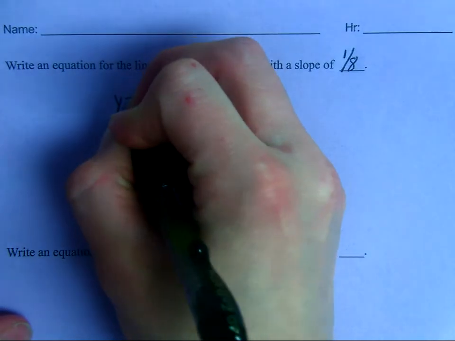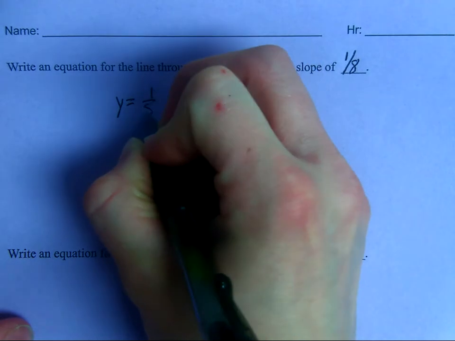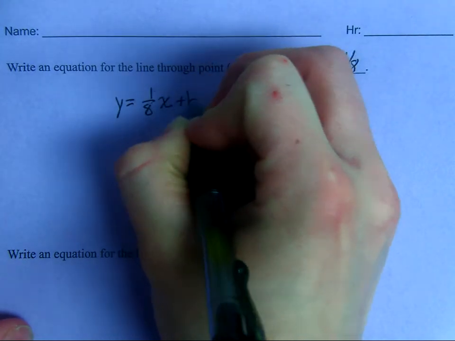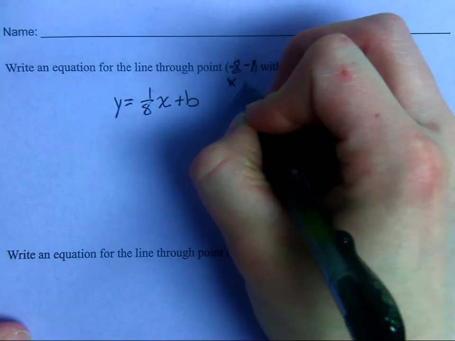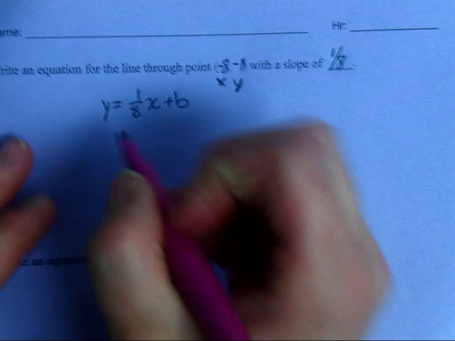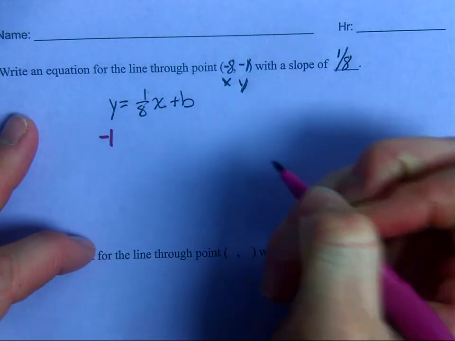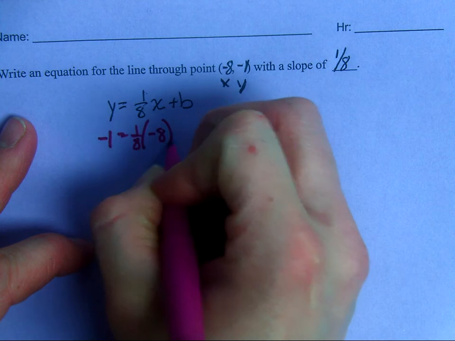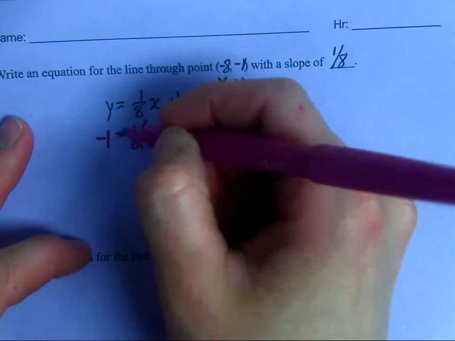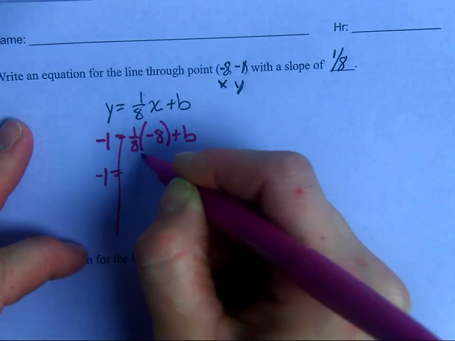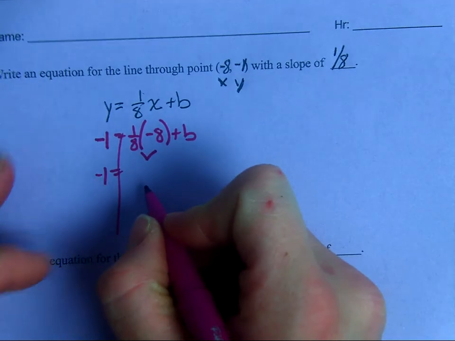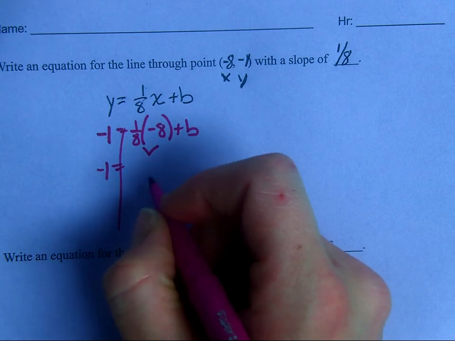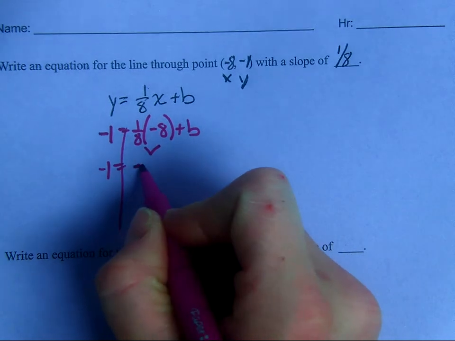So first step, we're going to plug in our slope. Then we're going to take our point and plug that in. So the y is -1. The x is -8. So 1/8 times -8, whether you do that by hand or with a calculator, should give you -1.